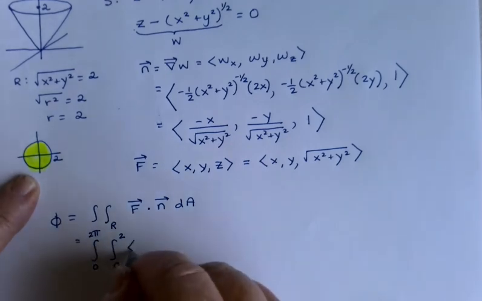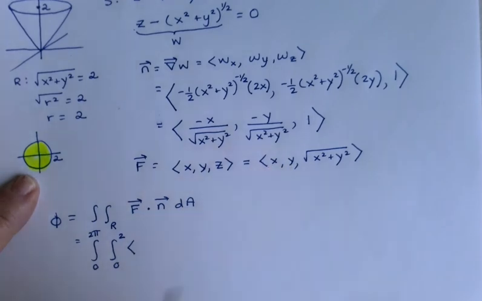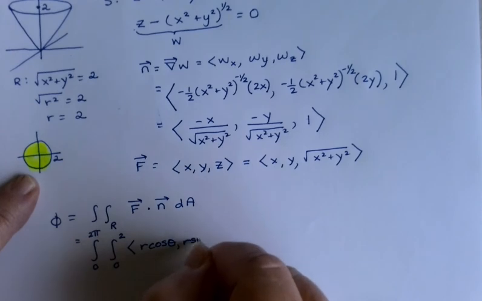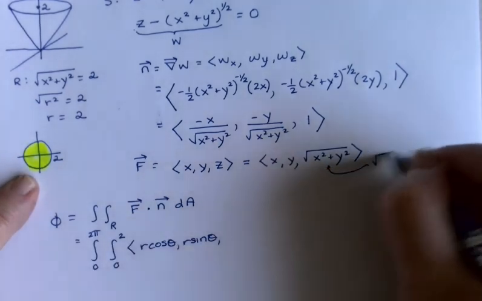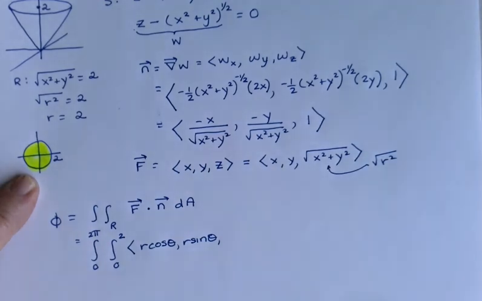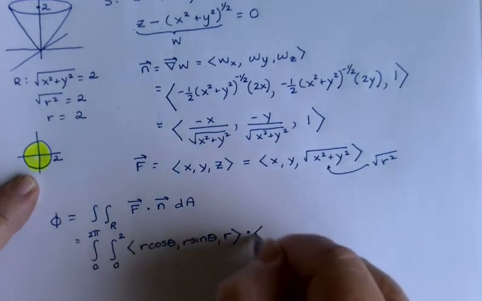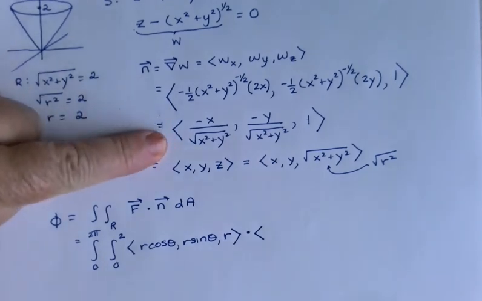And then I've got F, which is going to be r cosine theta, r sine theta. And notice that that is really the square root of r squared, or just r. Dot product with the normal vector, right here.